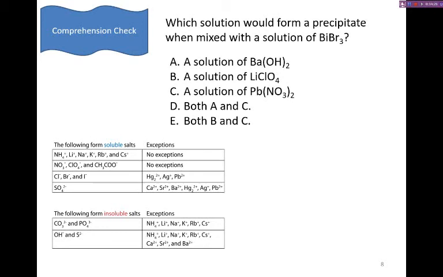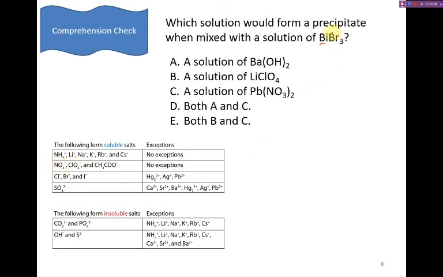Which solution would form a precipitate when mixed with bismuth tribromide? Well, we've got a variety of different compounds here. So bismuth and bromide. There's a couple ways you can approach this. Let's just look at bromide in each case. Bismuth, if you look, it doesn't show up anywhere.